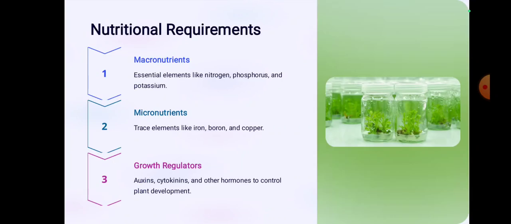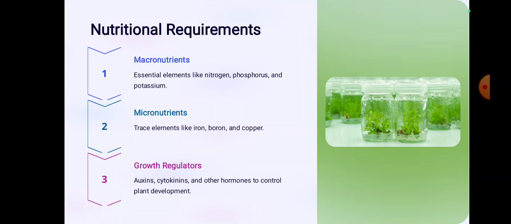Now, nutritional requirements for growth of plant tissue culture. The composition of nutrition normally depends upon the particular species of plant or the part we are using for plant growth.